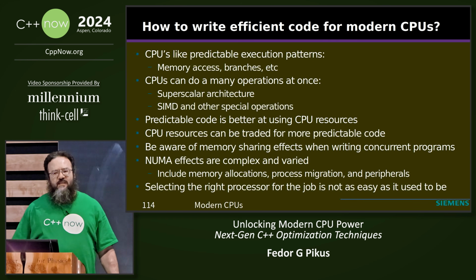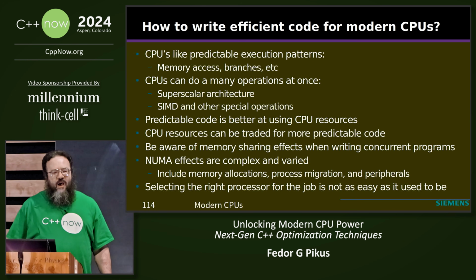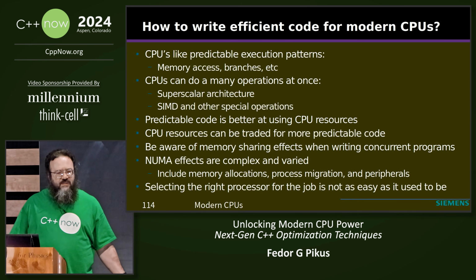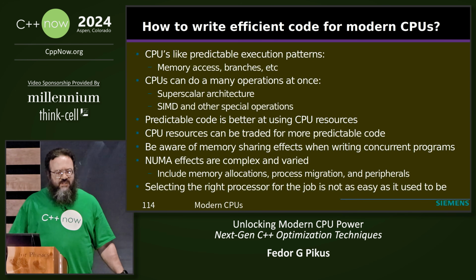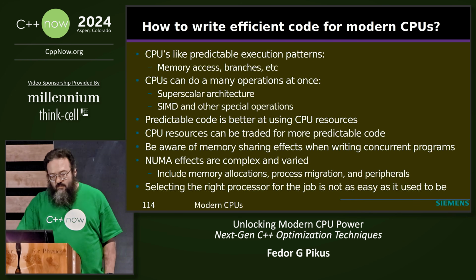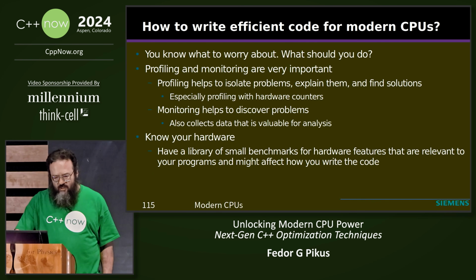Like in our case, I/O interactions, which are negligible in both time and volume, actually had a significant, about 30% penalty on the overall performance, not because of the traffic we were sending, but simply because of its interaction with the NUMA system. And selecting the right processor for the job isn't as simple as it was.